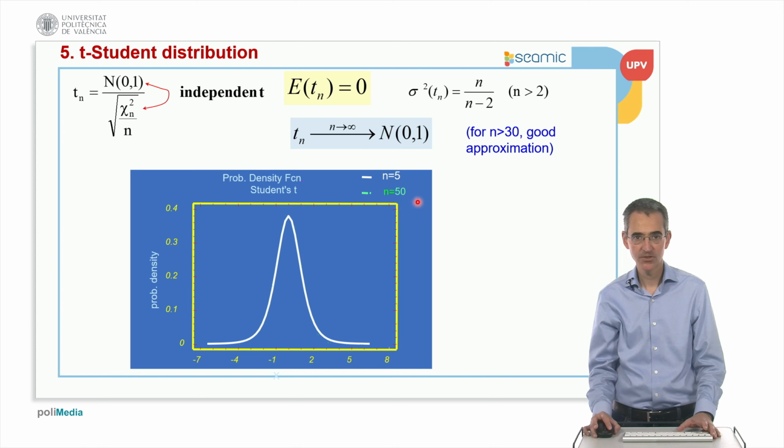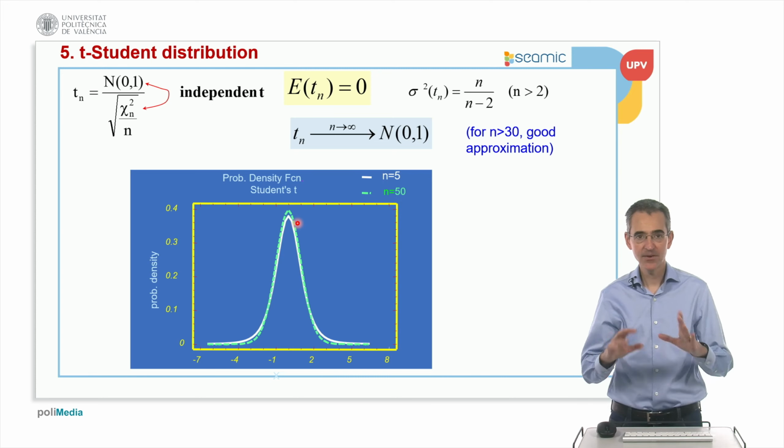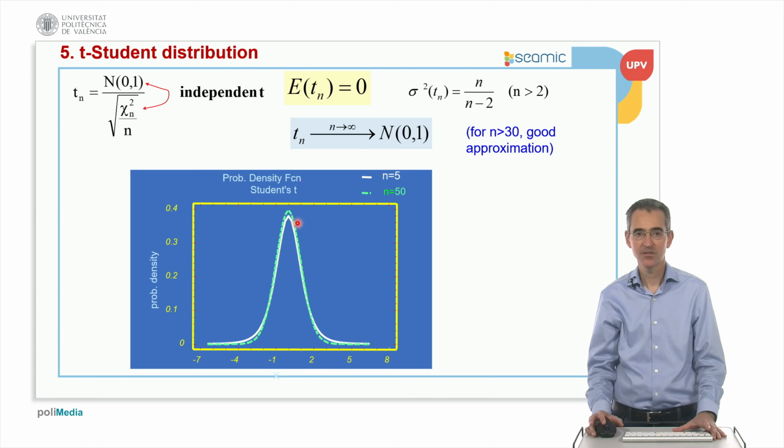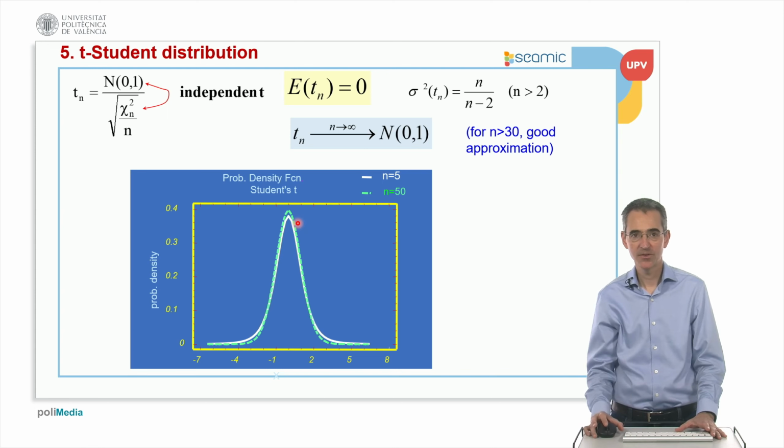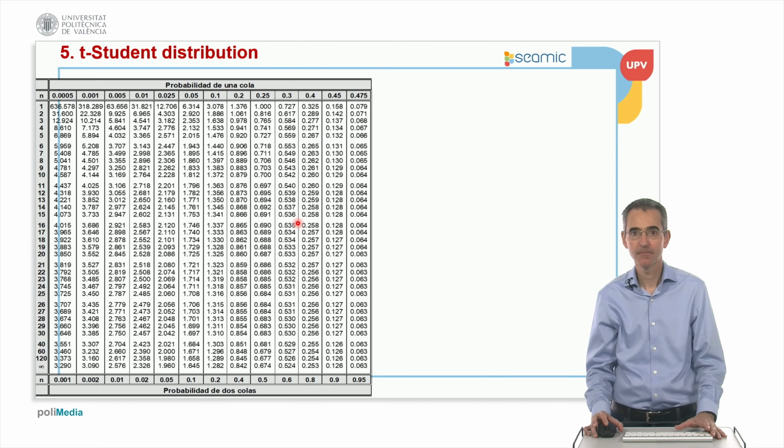This is the density function with 50 degrees of freedom, and then you can see that there's just a slight deviation. So 50 can be more or less considered like the standard normal, and then the t is just very similar to the standard normal. So this is why it's quite easy to remember what the student t is. And this is the table.